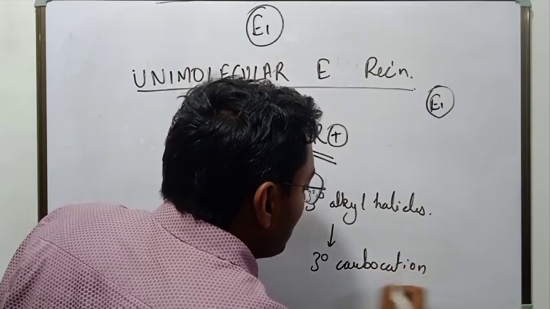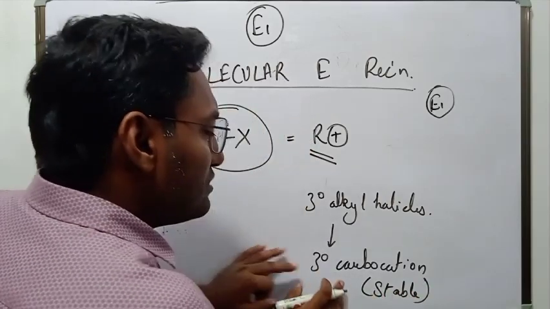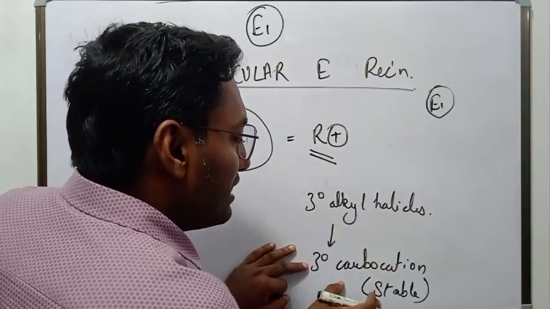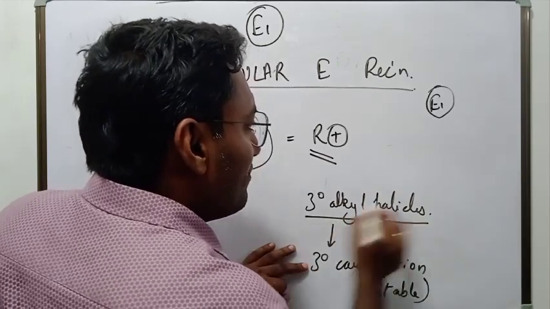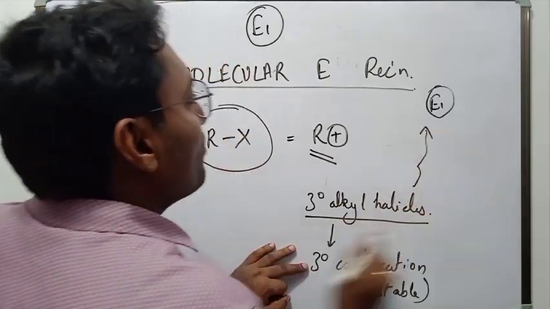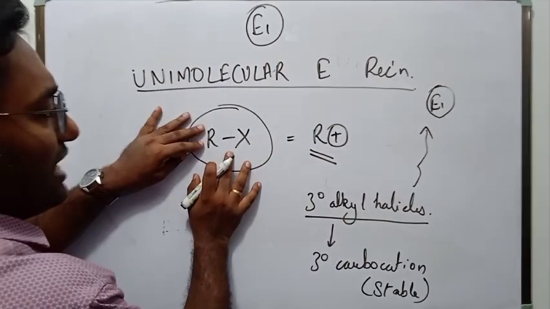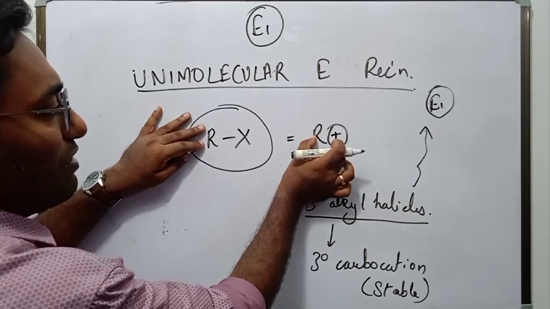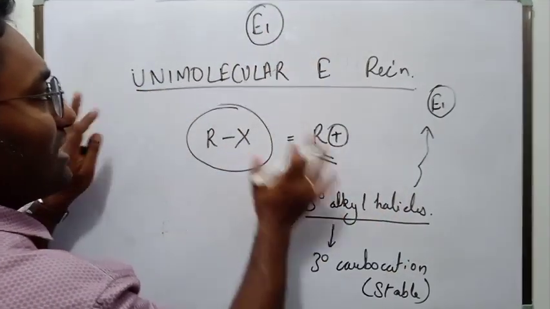So ionization is very favorable for tertiary alkyl halides. So that kind of substrates would only undergo which kind of reaction? E1 reaction. That is, alkyl halides where ionization is favorable will undergo E1 reaction. That is tertiary alkyl halide, no doubt.